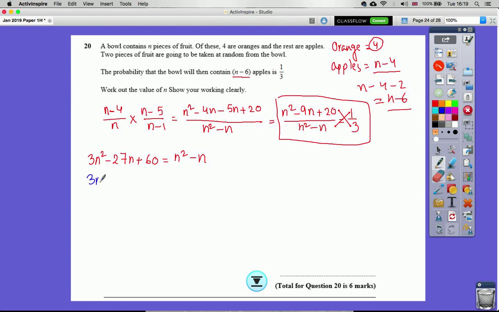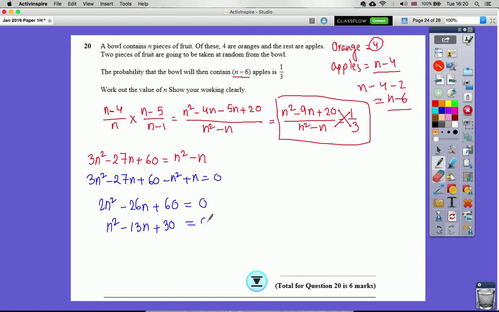So 3n squared minus 27n plus 60 minus n squared plus n equals 0. Then if I simplify, I get 2n squared minus 26n plus 60 equals 0. I can divide everything by 2, so I get n squared minus 13n plus 30 is equal to 0.